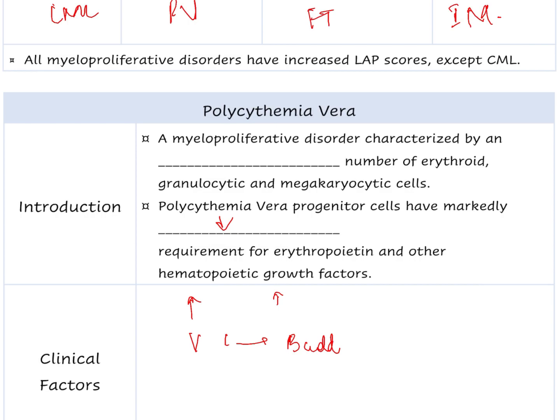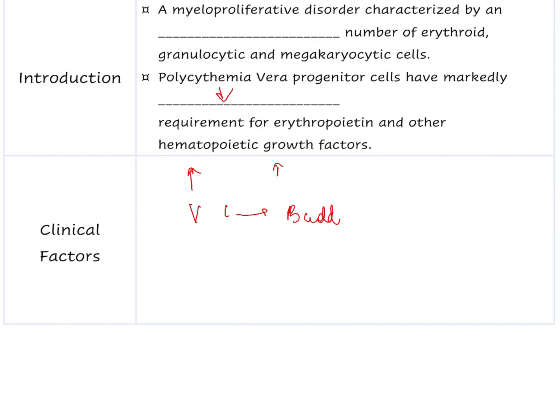Then the increased basophils release histamine, and as a result of that increased release of histamine, you end up having patients with pruritus as well as itching sensation. This also causes increased peptic ulcer. You have hyperuricemia, splenomegaly, which is due to extramedullary hematopoiesis.